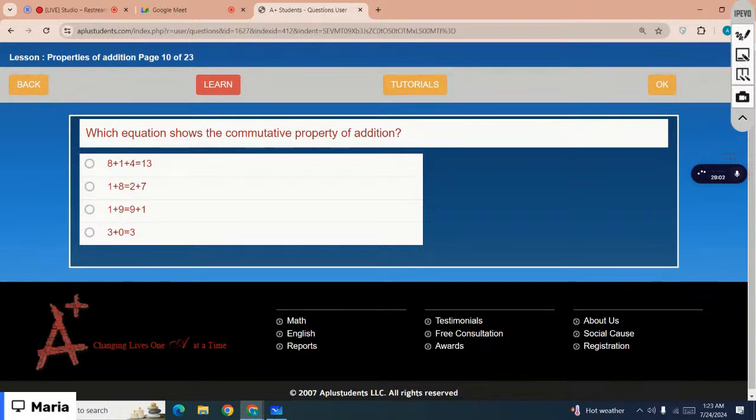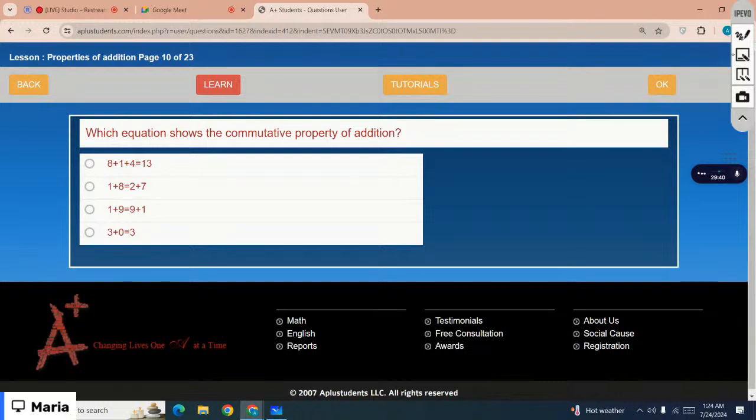Which is the correct option? Very good. Option number three is the correct option.